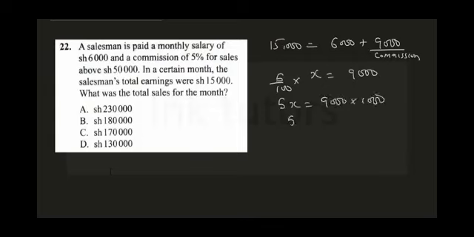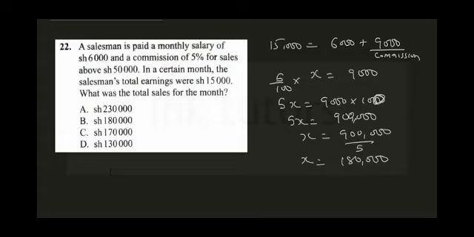So 5x is 900,000, and this is going to be 900,000 divided by 5. Therefore, x is going to give me 180,000.